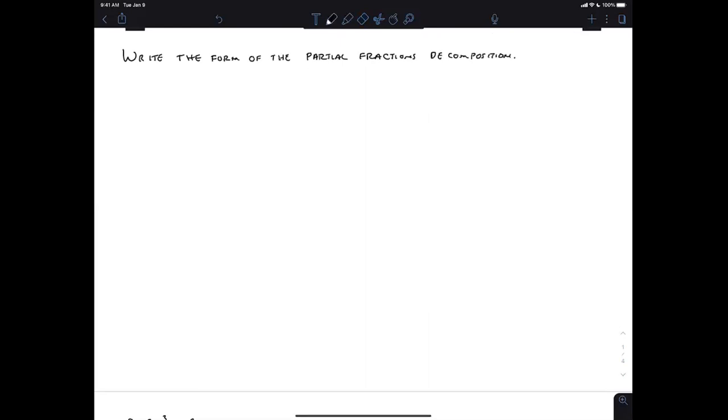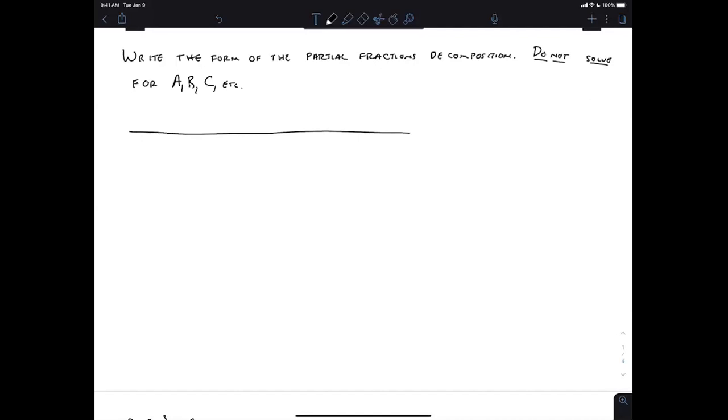So just write out the form of the partial fractions decomposition. Do not solve for A, B, C, etc. Okay, and so we're going to do one where we have this huge fraction. So this is the problem.